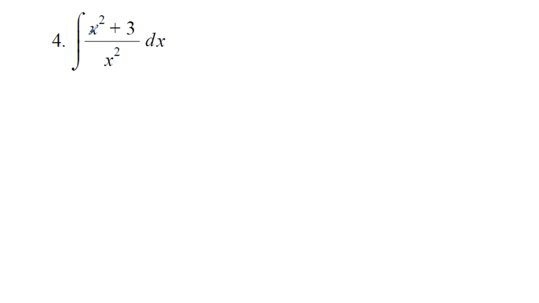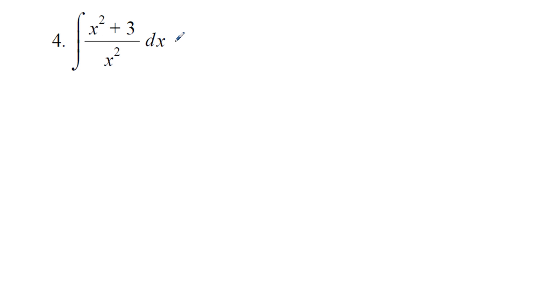The last one we're going to look at is this one, number 4, and we have the integral of x squared plus 3 over x squared dx. And what we have here is this x squared serves as a common denominator for the two terms in the numerator.